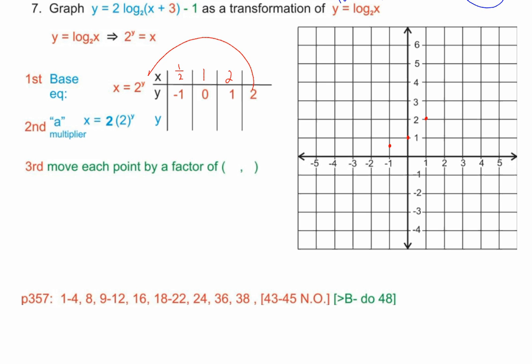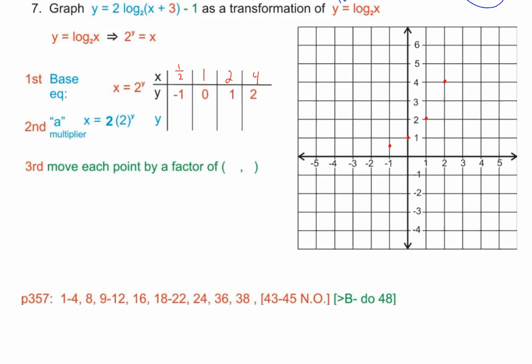And 2 squared is 4, and we have the point 2, 4. Now, that's my base pattern, and off of it I've got to do the rest of my work.